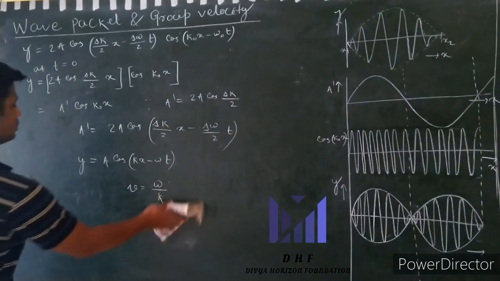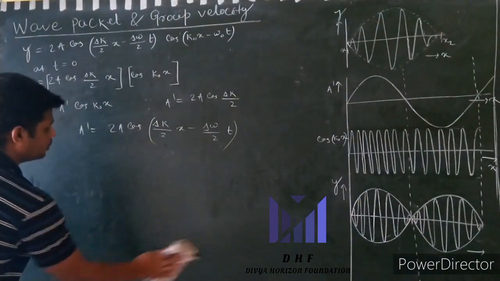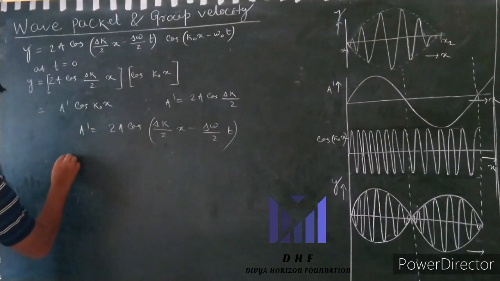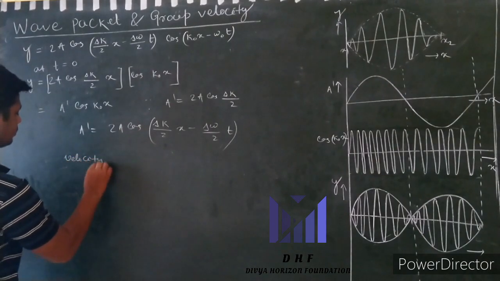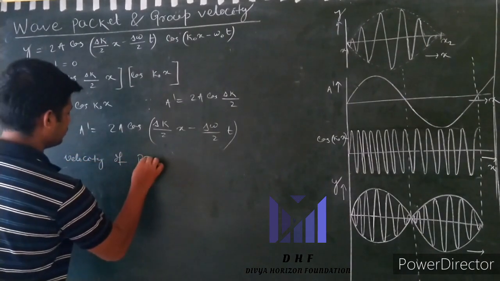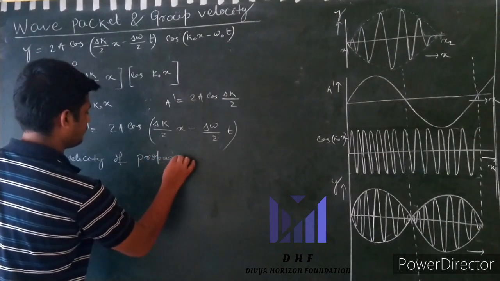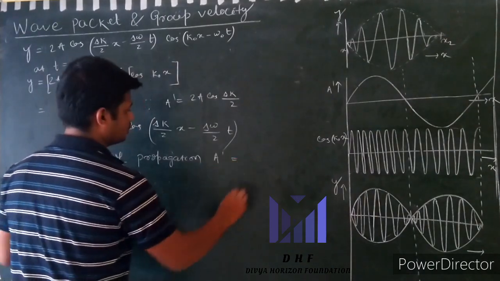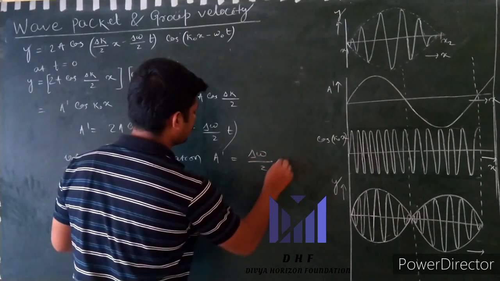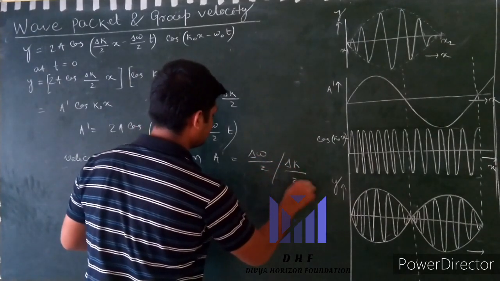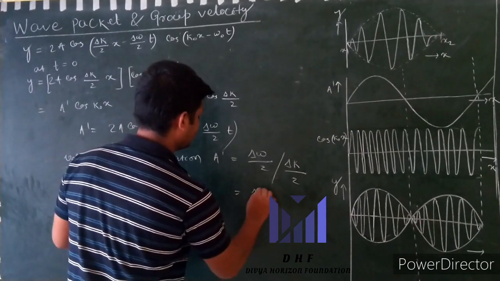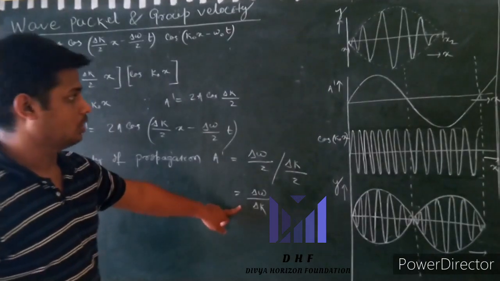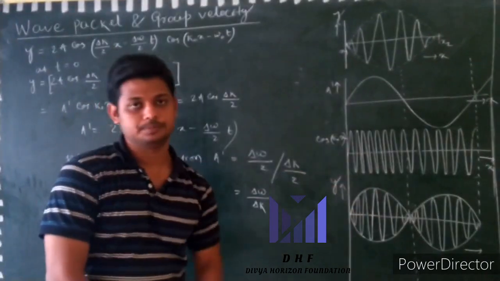So the velocity of propagation of a dash will be equal to (del omega by 2) divided by (del k by 2), that is equal to del omega by del k. So this is the velocity with which the curve or the wave a dash travels.